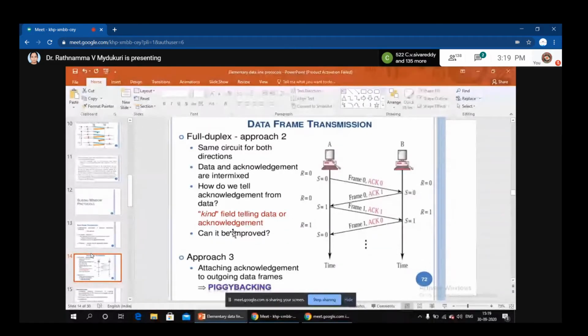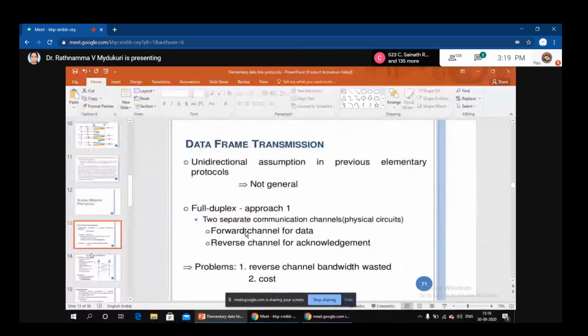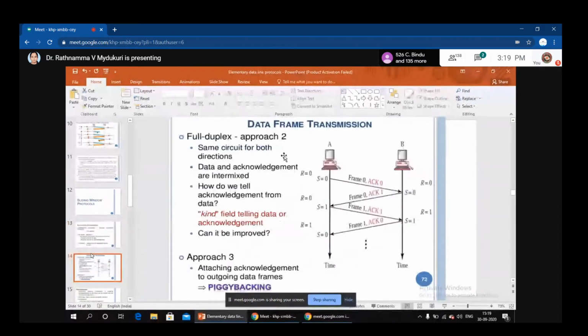How do you come to this second approach? Already we have seen the first approach, where you send data on one channel and acknowledgement on another channel. But what is the problem with approach one? Wastage of bandwidth and more cost. So we are going to shift to our second approach.